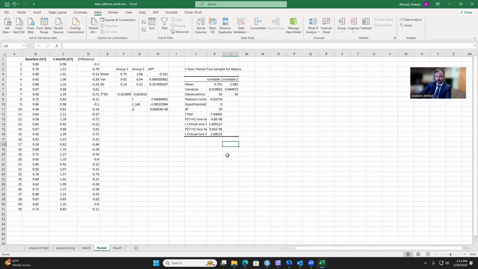So the gonial thickness before and after 1 month of treatment shows that there is a significant increase in the gonial thickness after 1 month. That's all about the paired sample t-test. Thank you.